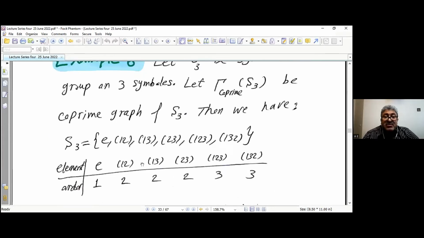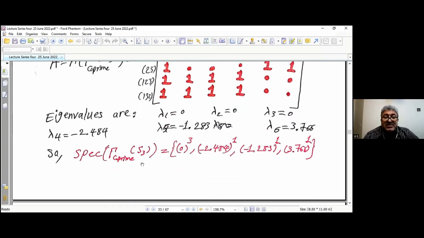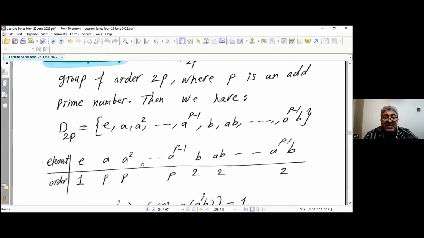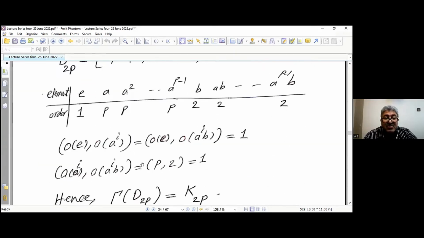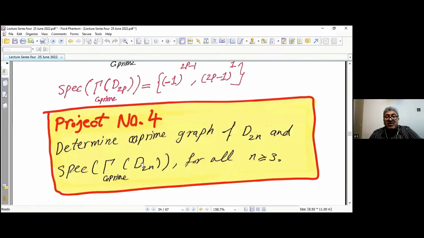This is another example about the coprime graph. That's the adjacency matrix for the coprime graph of S3, and that's for the dihedral group. Now, I think we mentioned up until here.